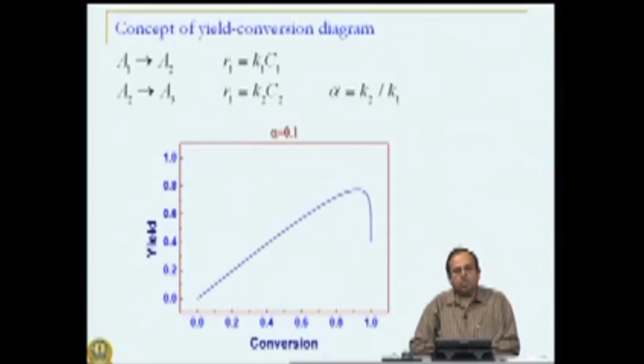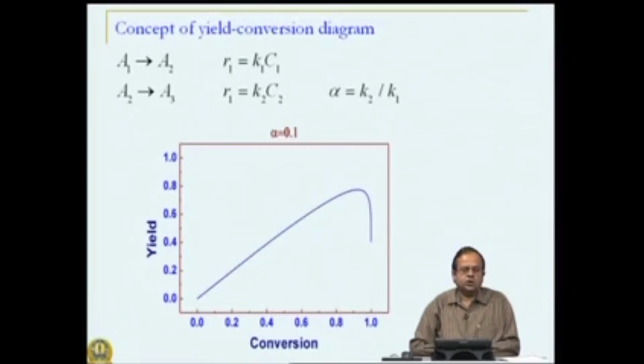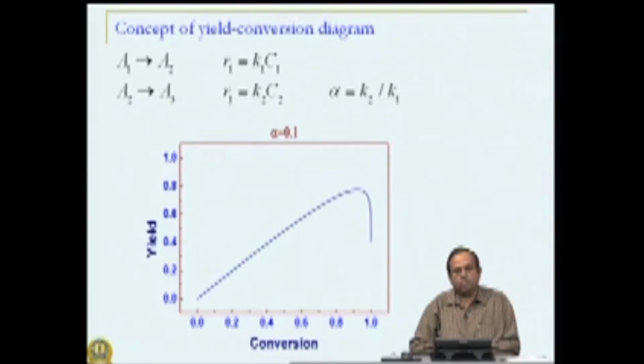And if you recall my first session, we are more and more concerned about not making undesirable product. So, it means that we are more and more worried about selectively making the product or enhancing the selectivity rather than the conversion.